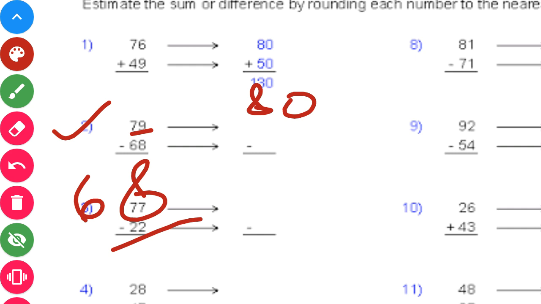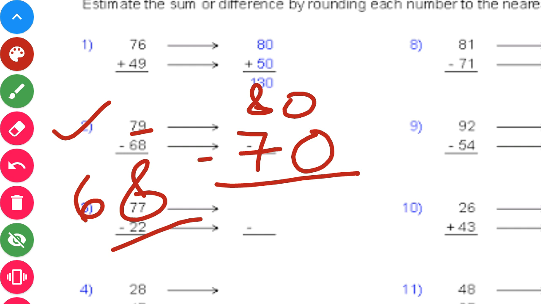Now the number at ones place will become 0, and as 8 is greater than 5, 6 will get raised by 1 and it will become 7. So we have got here 80 minus 70.